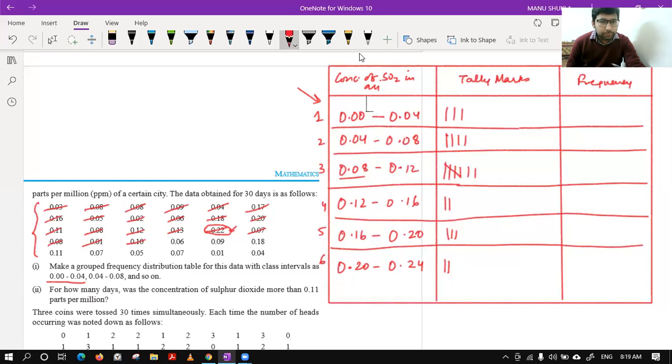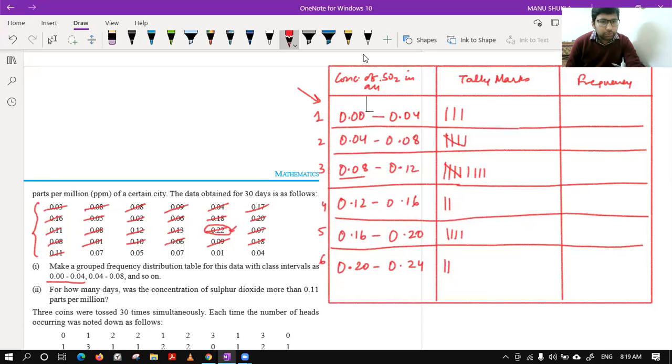Ojaswini is there. Okay. Then we have 0.06. 0.06 this one. Then 0.09 will come in this one. 0.18 will come in this one. So we have 4 now. 0.11. 0.11 will come in this one.